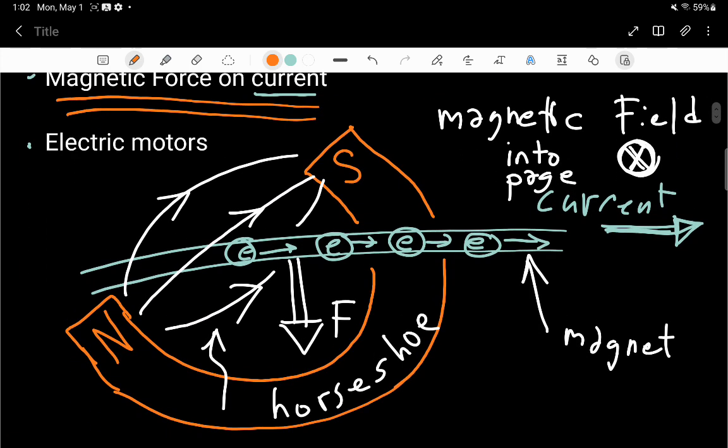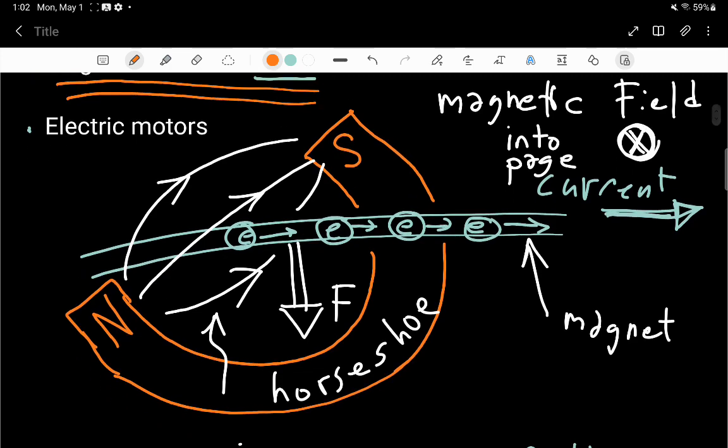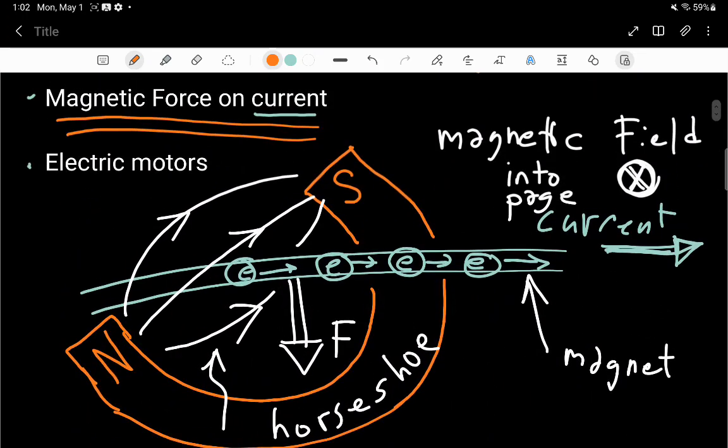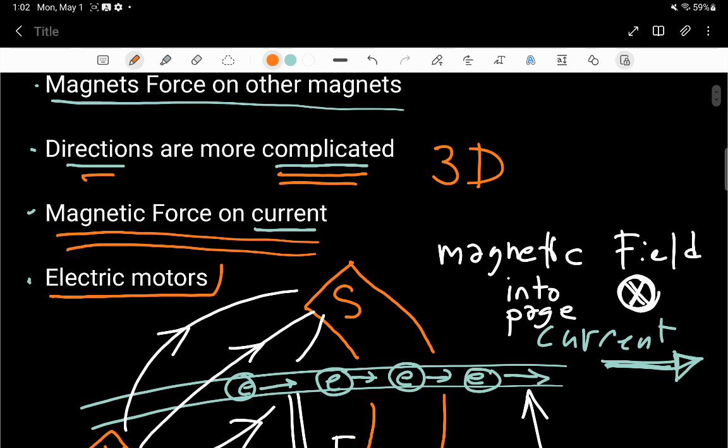And if you have a wire that feels a force, right? So let me just say that that's the beginning of being able to engineer an electric motor, right? A motor is a situation where you have some mechanical thing that's being forced on and can move, right?